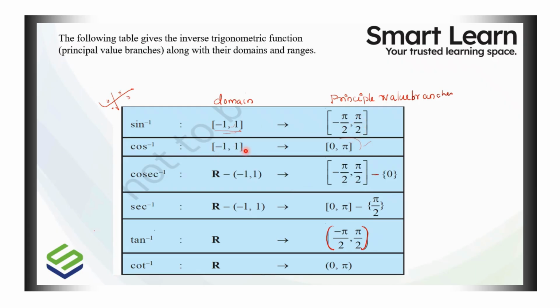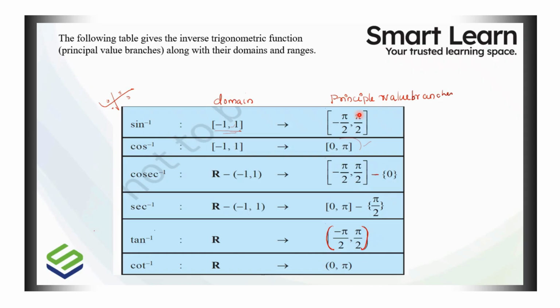Cos inverse: -1 to 1, and 0 to pi. Cosec inverse and sec inverse: R minus (-1, 1), not defined there. Cosec inverse: -pi by 2 to pi by 2 except 0. Sec inverse: 0 to pi except pi by 2. Then tan inverse is R, with -pi by 2 to pi by 2. Cot inverse: domain is R, range 0 to pi. This also you have to learn by heart.